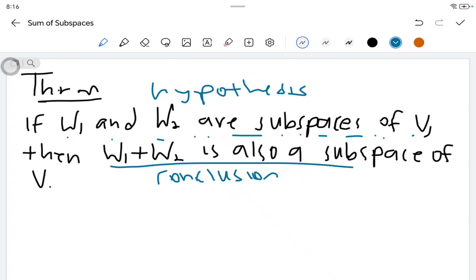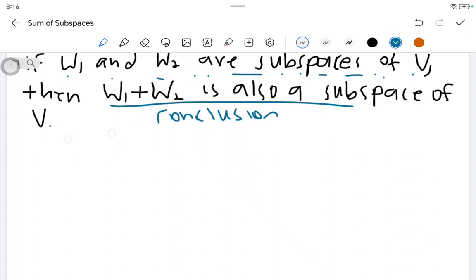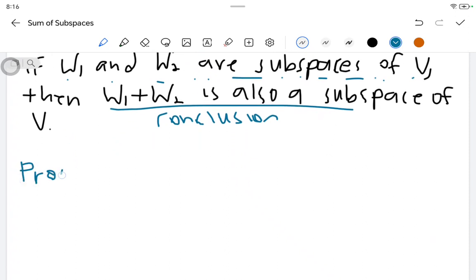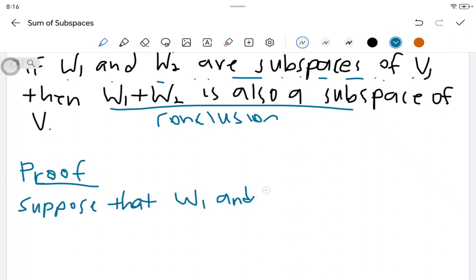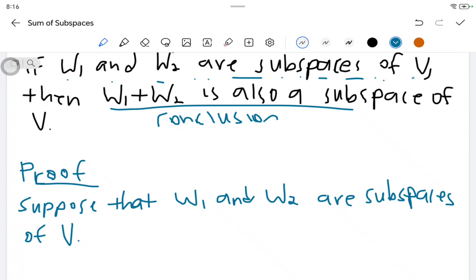It means that we are required to first suppose that W1 and W2 are subspaces of V, meaning that they have a zero vector, they satisfy scalar multiplication, and they both satisfy vector addition.